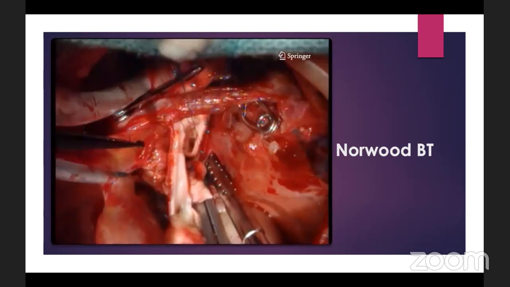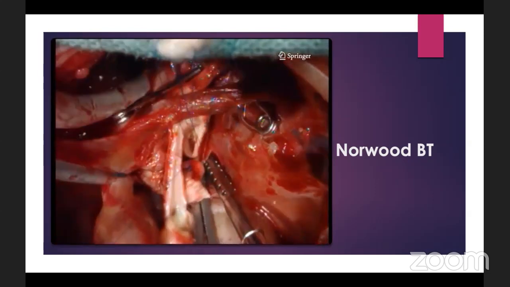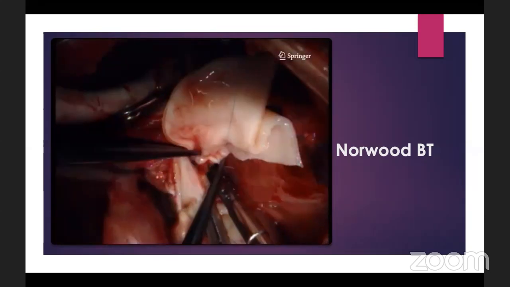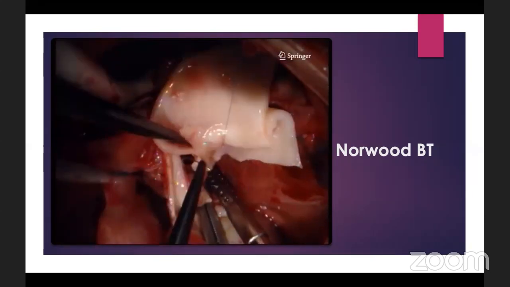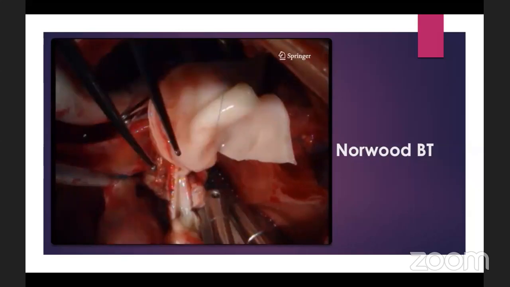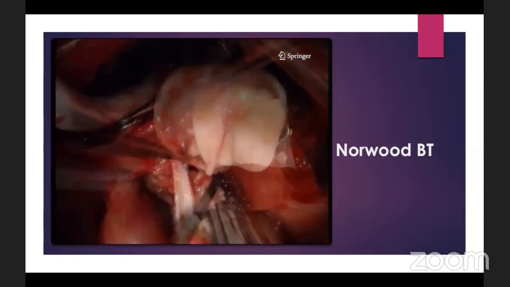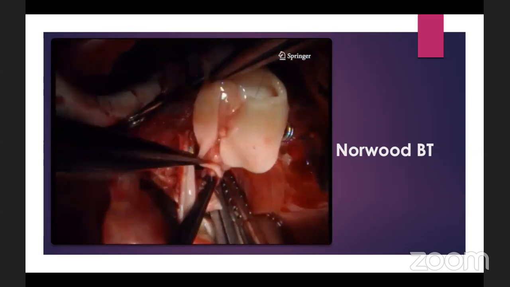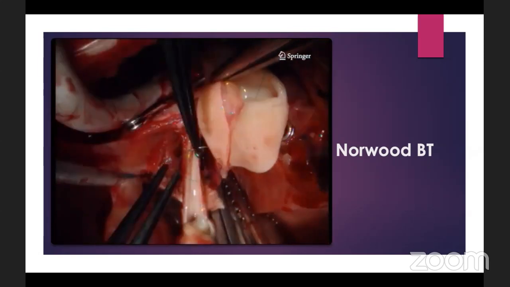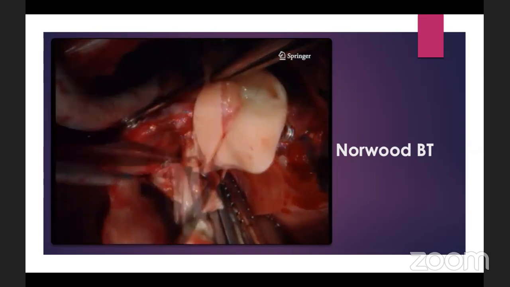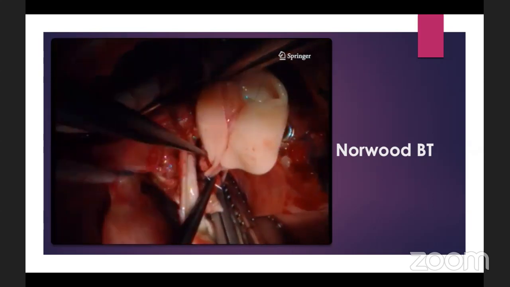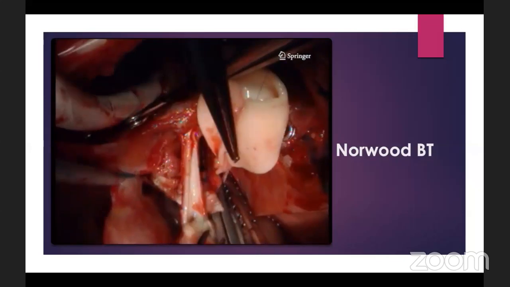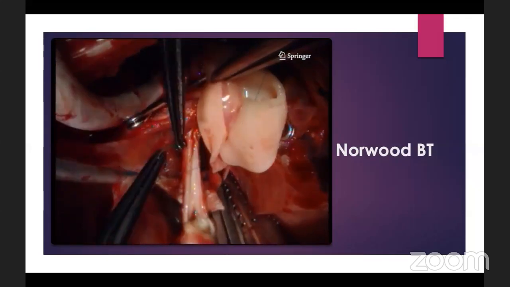This is the descending aorta, now being reconstructed and enlarged with a patch. I believe this is a pulmonary homograft patch, just like part of the wall of the pulmonary artery. And it's used to enlarge the rest of the aorta, and then it will be incorporated into that neo-aortic root. And that constructs the aortic reconstruction part of the Norwood operation.